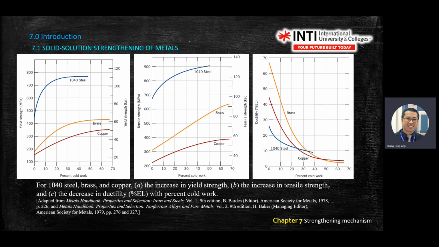Of course, higher is better, right? Let's say you use brass, 12%. You go in here, 12%, you'll get higher than 350. So 12% is good for brass, right? And same with the copper.